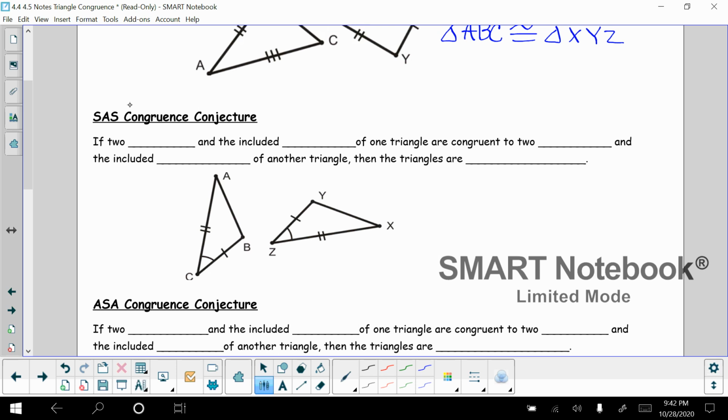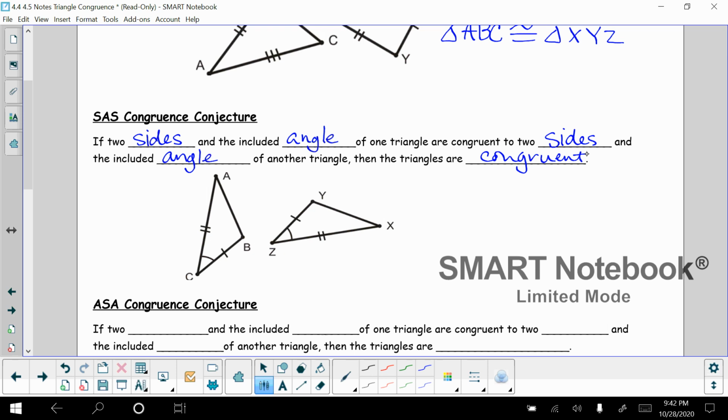So let's fill out the conjecture. If 2 sides and the included angle of one triangle are congruent to 2 sides and the included angle of another triangle, then the triangles are congruent.